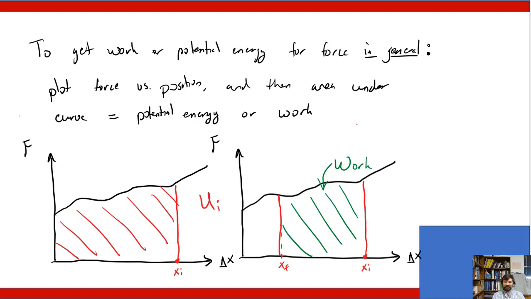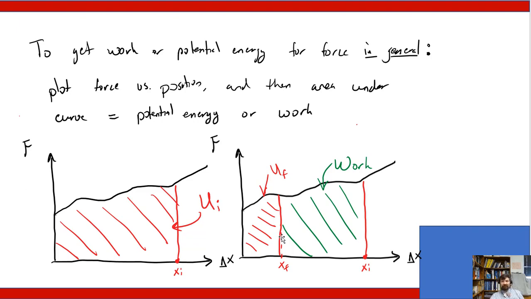So the work done by this force is a positive amount. The change in potential energy is a negative amount because this right here would represent my final potential energy. This is my initial potential energy. And so notice that the work done is positive, but my change in potential energy is negative because I ended with less than I started with.